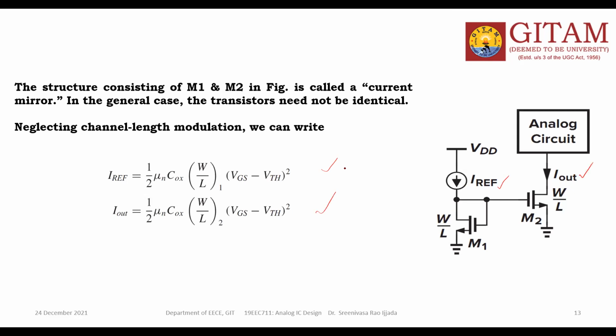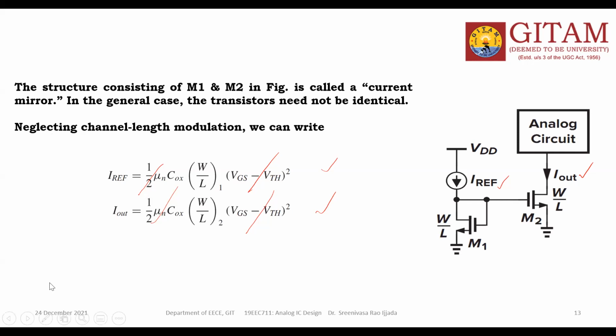You can write the two equations. If you take the ratio of these two, the common terms will cancel. Then I out by I reference is equal to W by L of 2 divided by W by L of 1. So you can write I out is equal to I reference multiplied by W by L of 2 over W by L of 1.